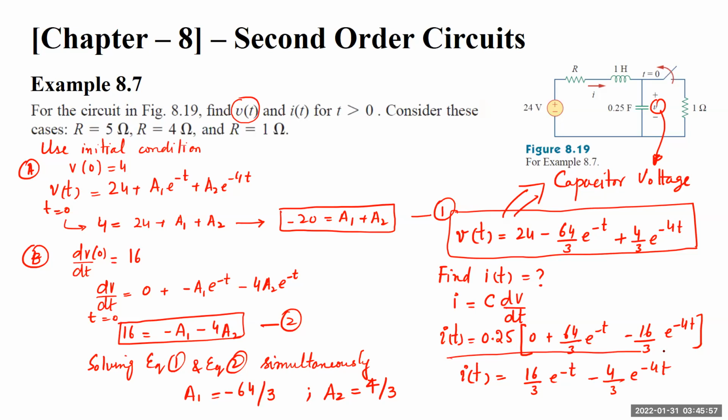So this is the value of current that we have to find. Now we have found both values for current and voltage in the circuit once the switching takes place, and this is how we solve these sort of equations.